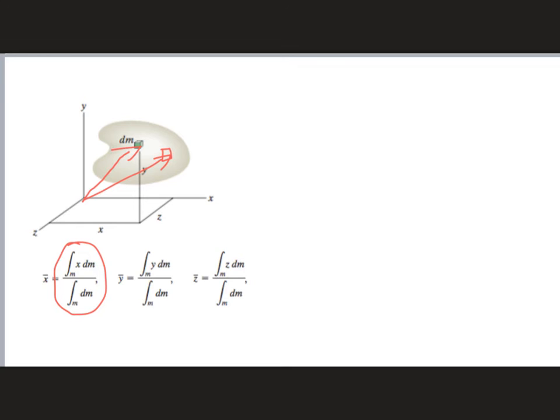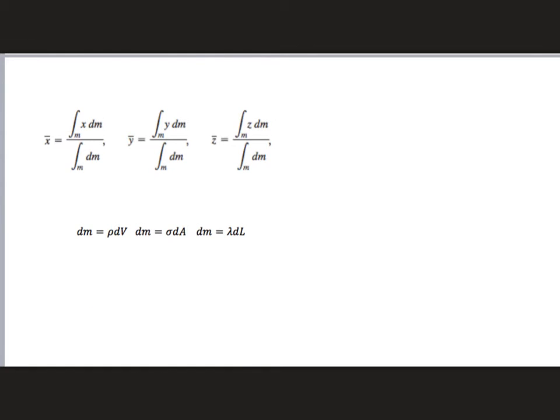And so we're simply going to apply this integral, which looks very similar to the integrals for centroids, but the application is slightly different. So let's look at these formulas for just a moment, because if I consider the x center of mass, that's an integral over the mass of x times dm, divided by the integral over the mass of dm.